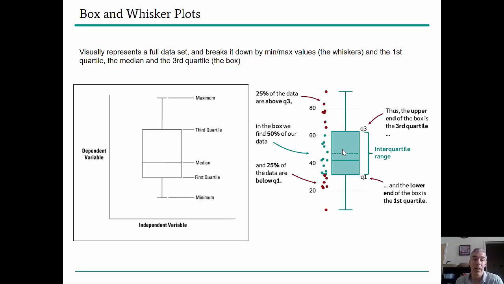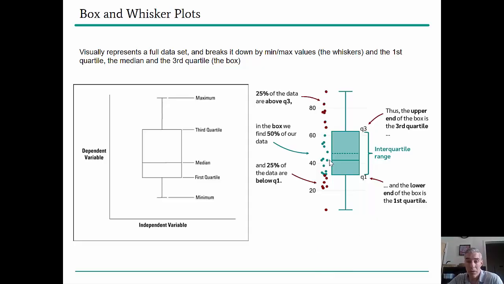So first, we're going to talk about a box and whisker plot. A box and whisker plot will visually represent a full data set in a way that we can just look at it real quick and determine what is the spread there, how close are the points to each other. And the way you construct something like that is you have the median, which is the line in the middle of the box, right?